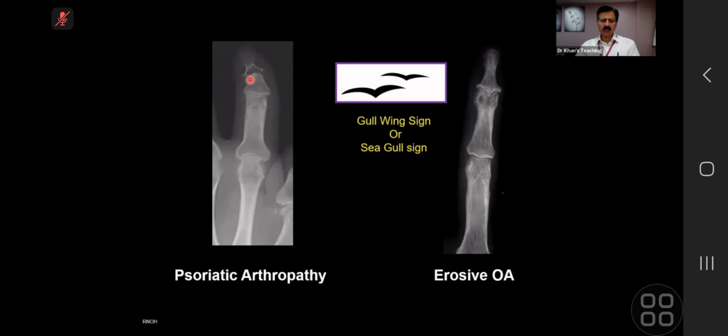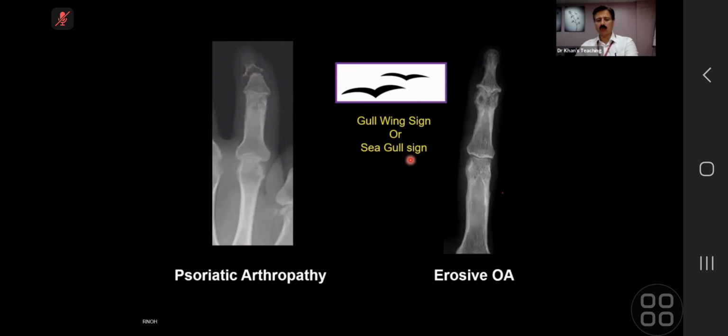If you see, this is psoriasis, where you can see that there is an erosion which is involving the whole of the articular surface. Here, what happens is that in the proximal portion, there is a central erosion, and then there is proliferative change which fills it up, and it gives you this seagull sign or gull wing sign.